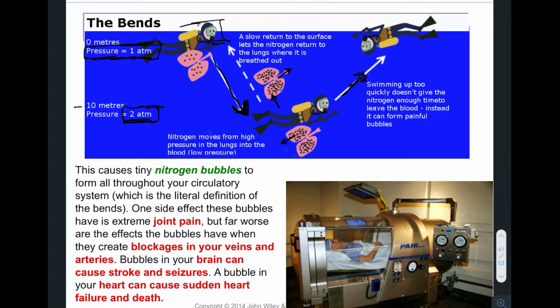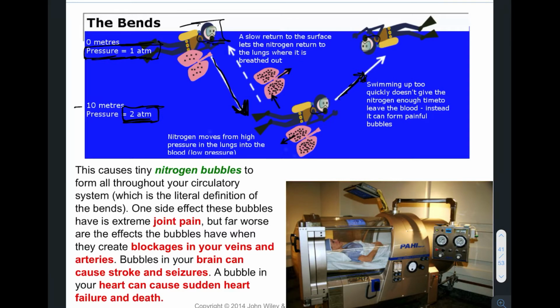What that's going to do to the nitrogen, which if you remember was the gas in highest quantity, is push it into solution in your bloodstream because of that high pressure.